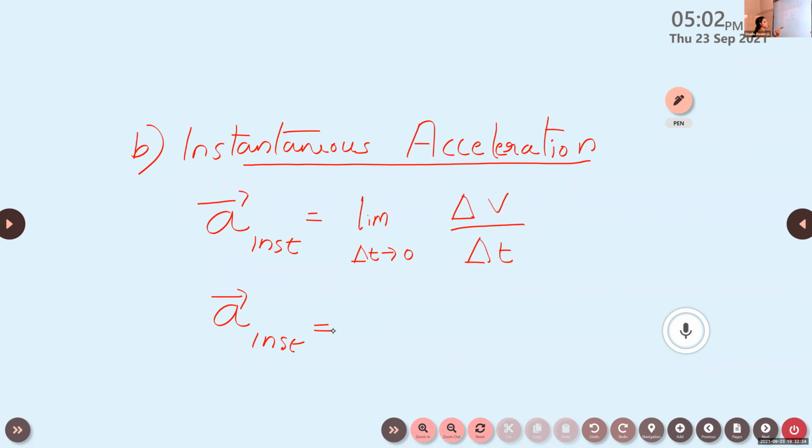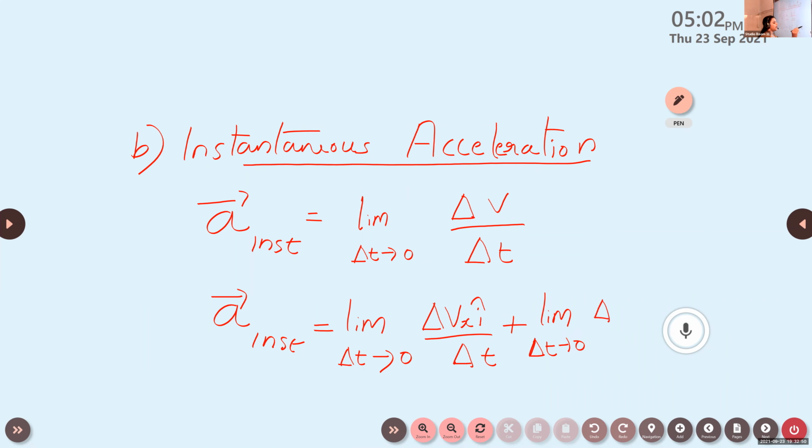Instantaneous acceleration vector A instantaneous is equal to limit delta t tends to 0, delta Vx i cap by delta t plus limit delta t tends to 0, delta Vy j cap by delta t.